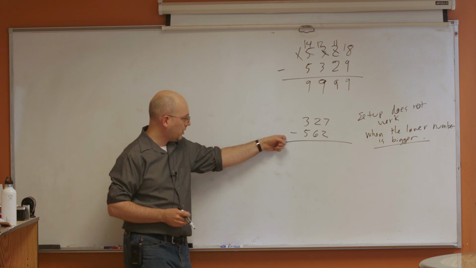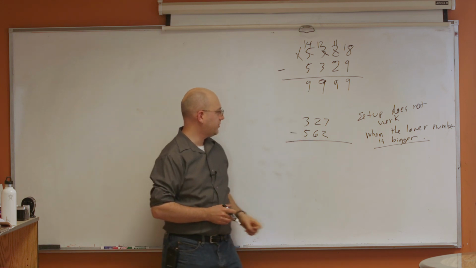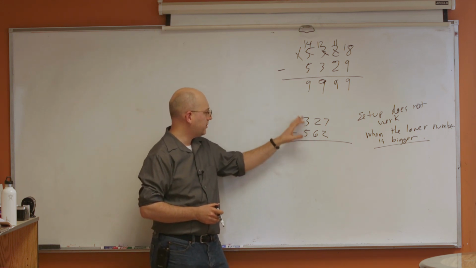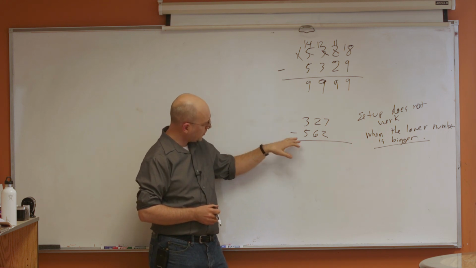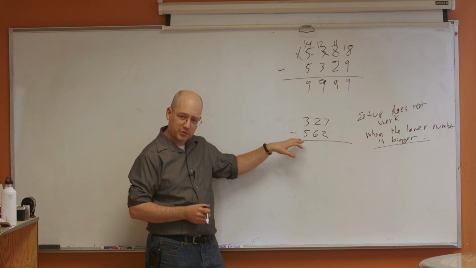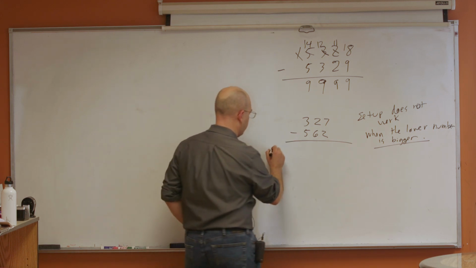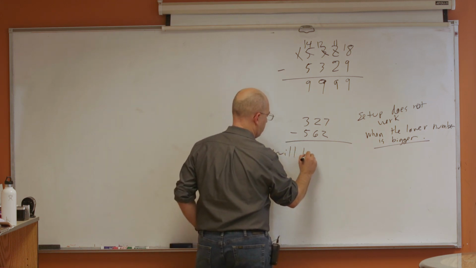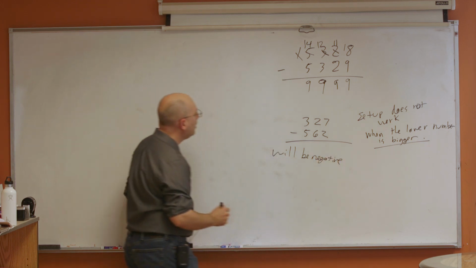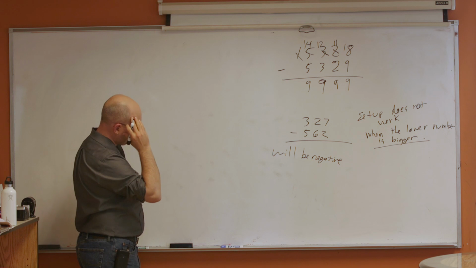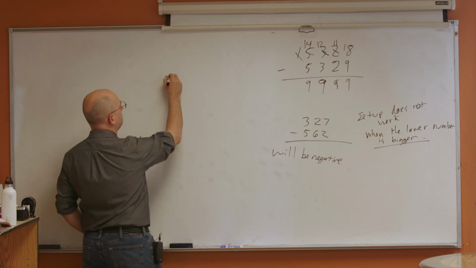Well, 327 minus 562. 500 is bigger than the 300. And so I know I'm going to have a negative number. Will be negative. And so I put that in my head, and then I flip it.